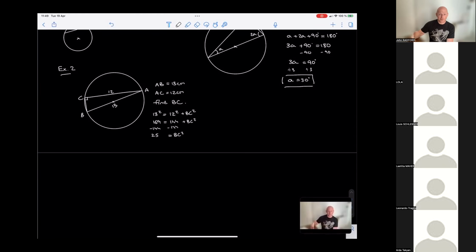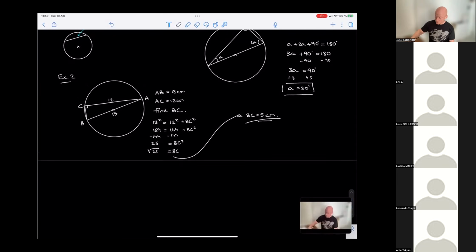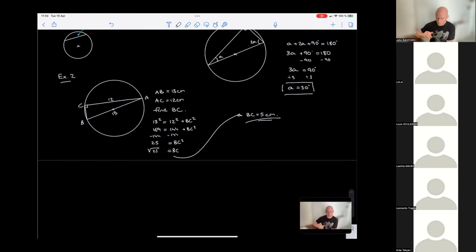Therefore, taking the square root, 25 has to be equal to BC, and that leads us to BC equals 5. Of course, I should technically add the units, but at IGCSE usually the units are written in the answer box.